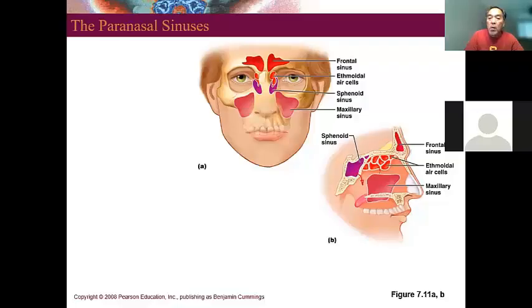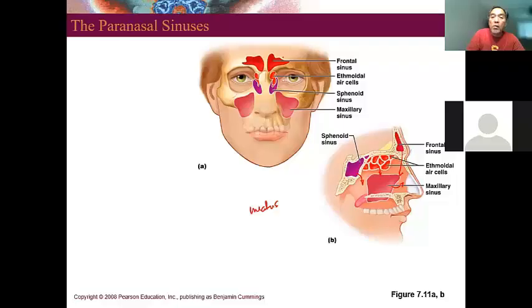If there's a blockage of this exit, called the meatus, they suffer from what we call chronic sinusitis. The blockage causes the sinuses to fill up, and that produces congestion and pain.